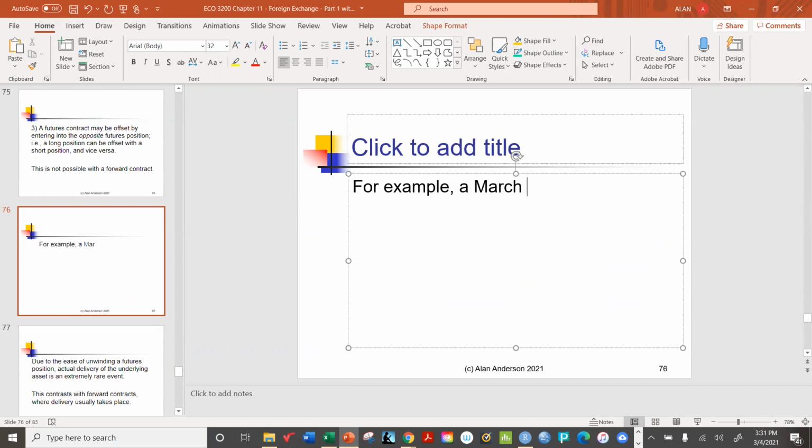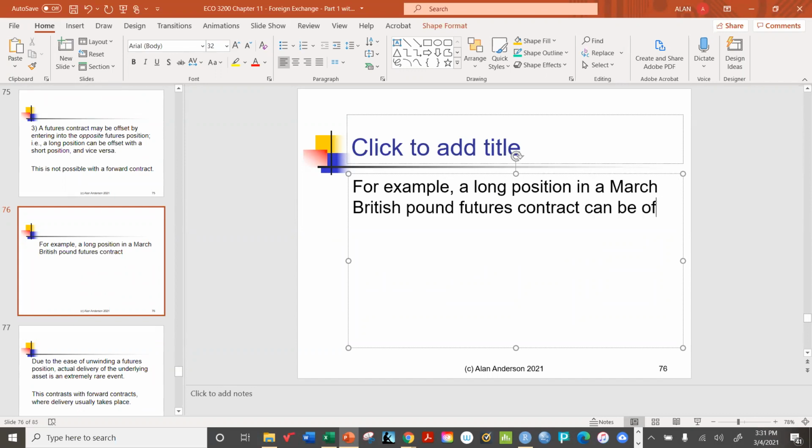A long position in a March British pound futures contract can be offset with a short position in a March British pound futures contract.